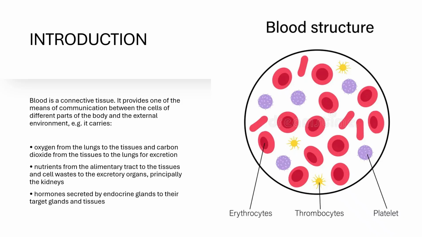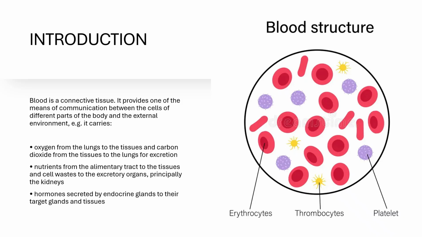It transports them from one organ to the other, from the digestive system to the brain, to the reproductive system, to every part of the body. So blood is a means of communication between all these cells and tissues.